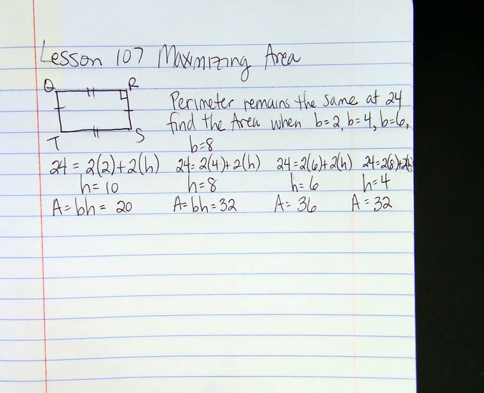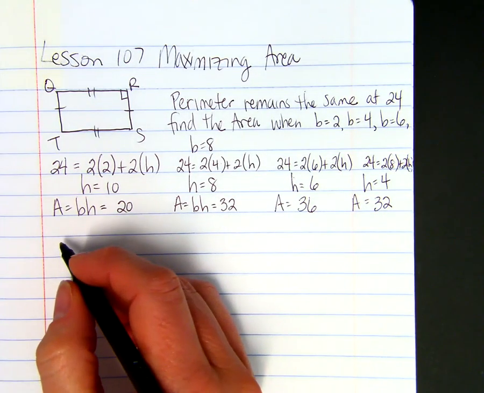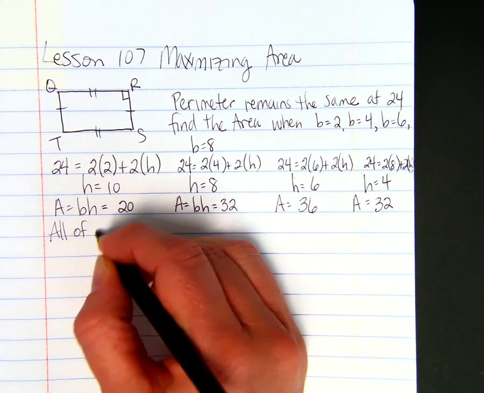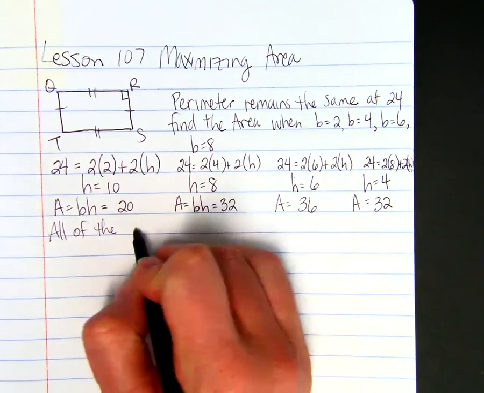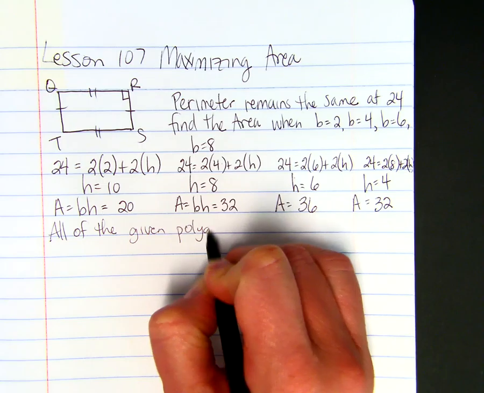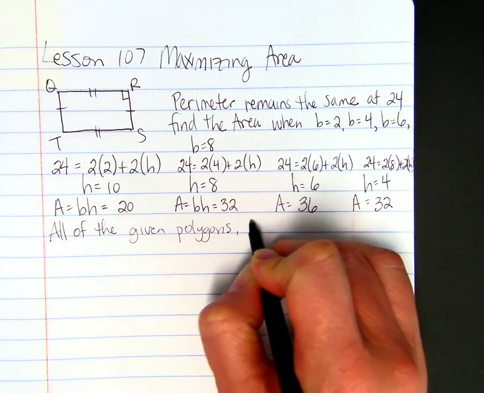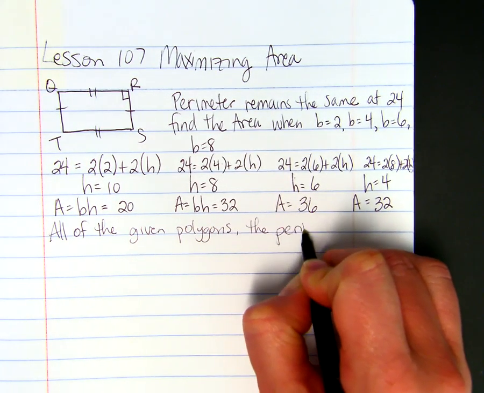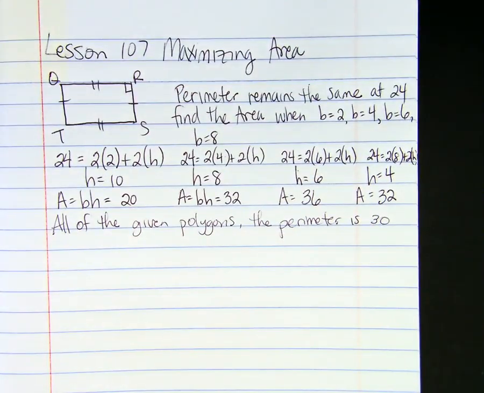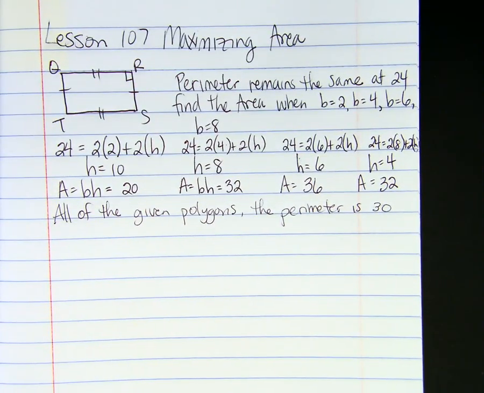Now we're going to have 4 different polygons, and all of them will have the same perimeter. We want to see which one will give us the maximum area.